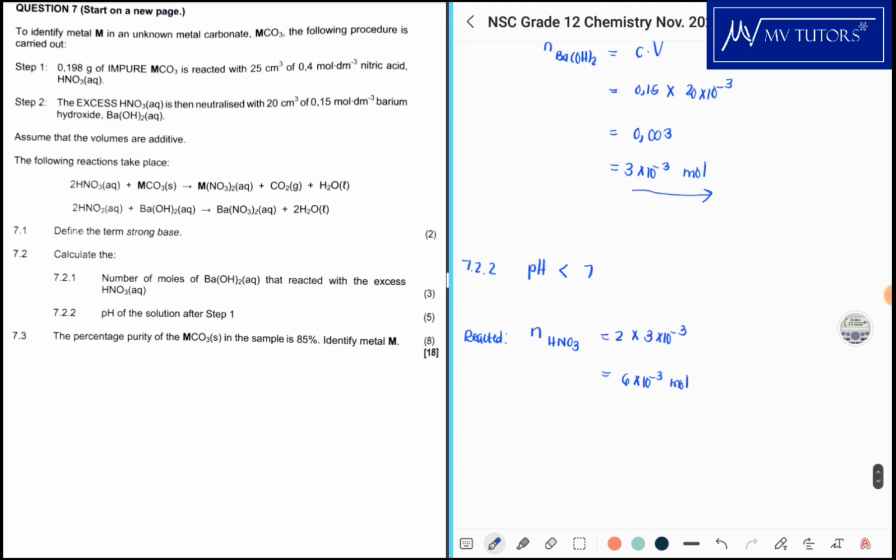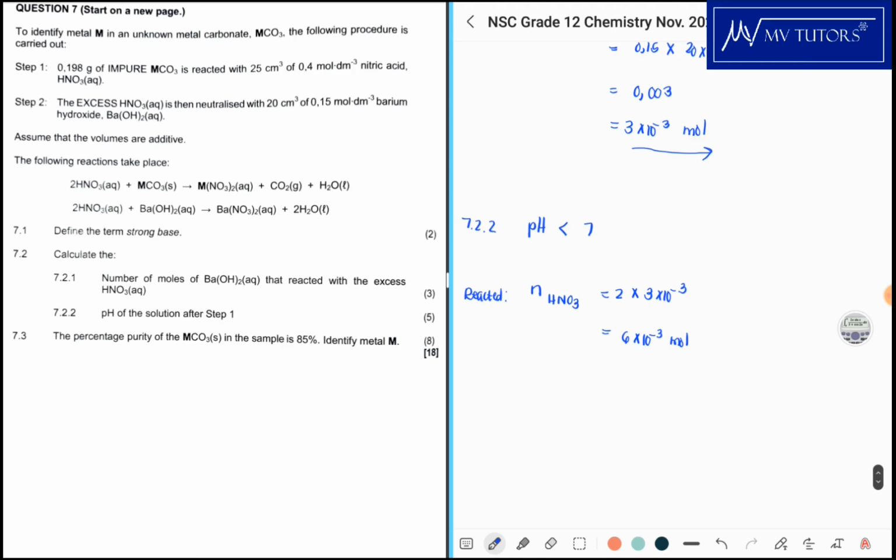I know this is the amount that reacted. Now I can go back to step 1, where these are the number of mole that reacted, so I can get the concentration of the acid.